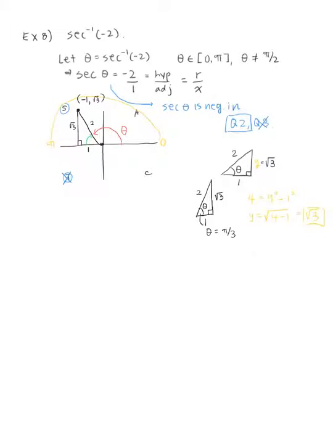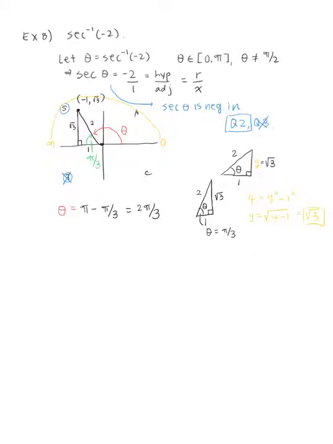Okay, so how do you find the red theta? It's nothing but pi minus pi over 3. So notice that theta is pi minus pi over 3. Oh, sorry, maybe I forgot to write this. This is pi over 3. All right, which is what? 2 pi over 3.